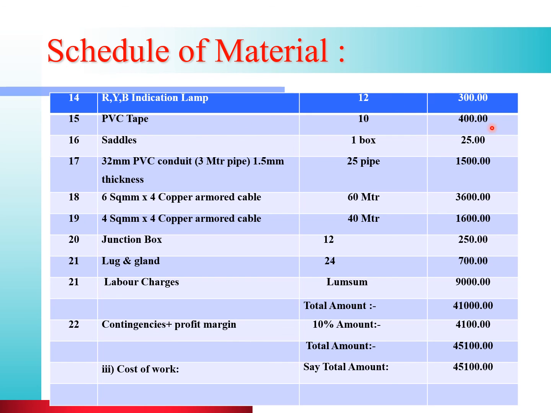Then PVC tape, then sliders, then 32 ampere PVC conduit pipe, then 6 square mm copper armored cable and 4 square mm copper armored cable, 60 meters and 40 meters is required. Then junction box, lugs, labor charges, lump sum. So we will get the total amount approximately 41,000. With 10% contingencies and margin, the total will be 45,100.